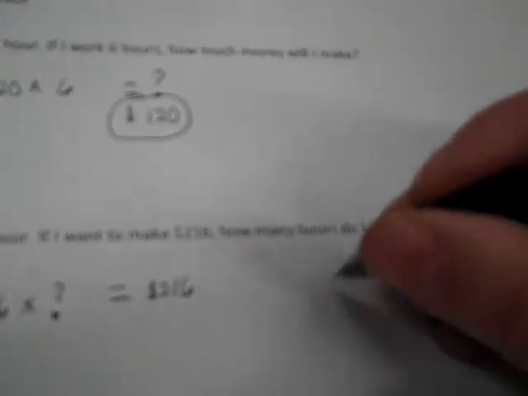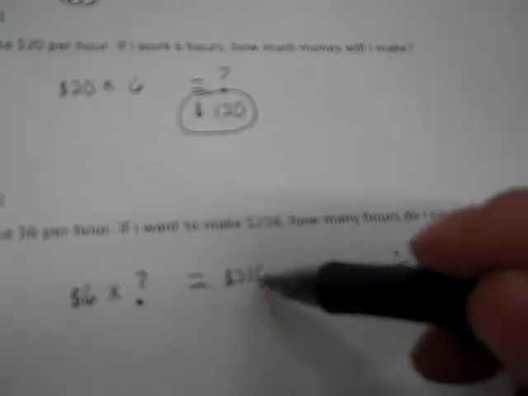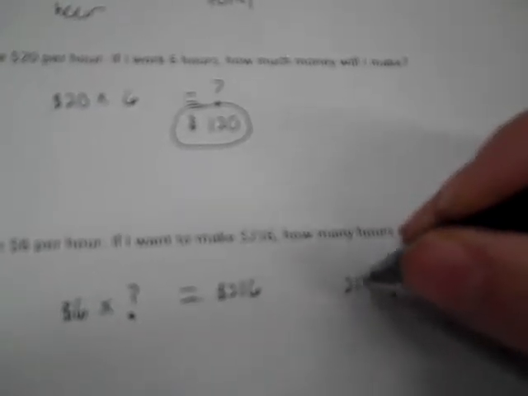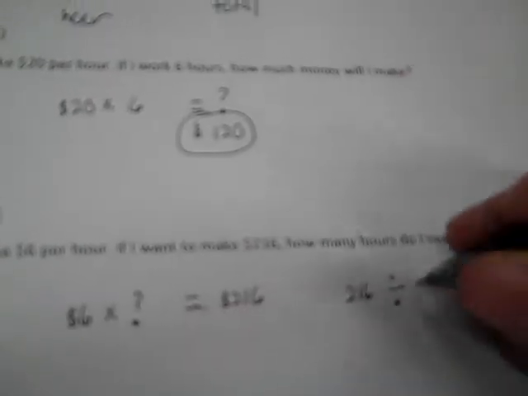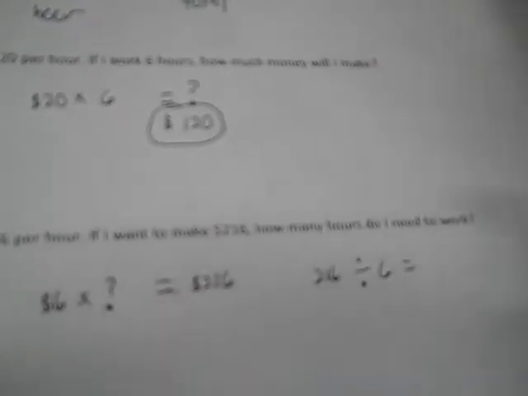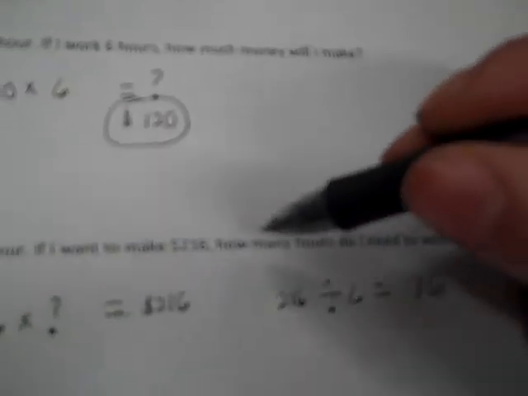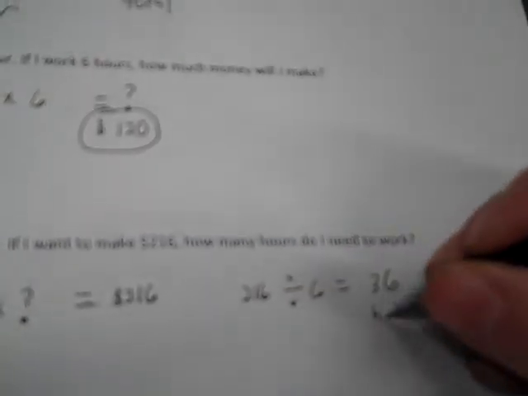I do the opposite, which is to divide. When I divide, I want to take the money I ended up with divided by the money I was making per hour. So 216 divided by 6, just like that. Okay, so 36. Now for the label, it says how many hours, so it's 36 hours.